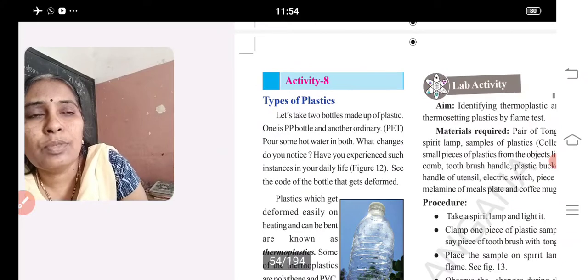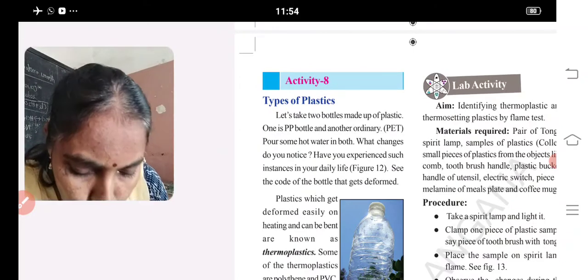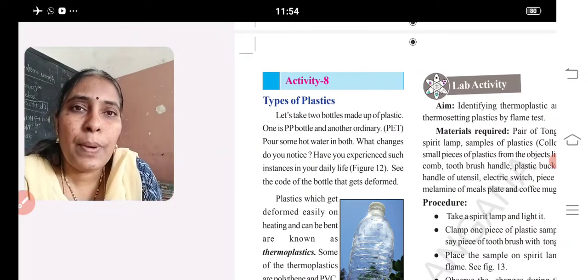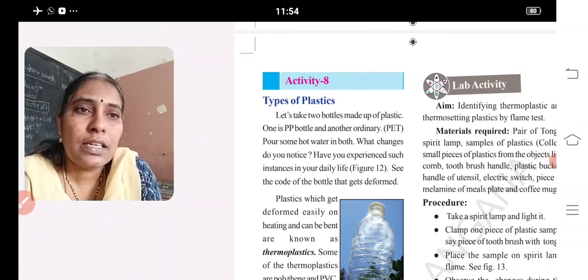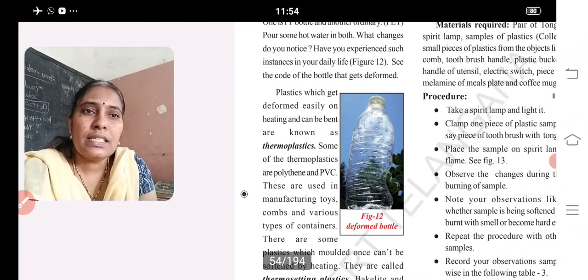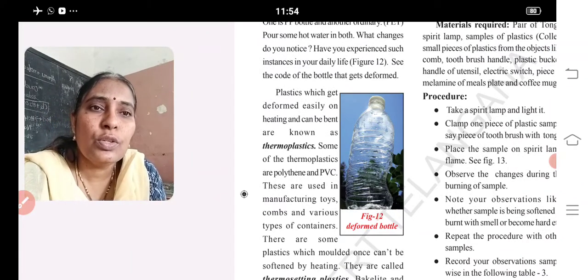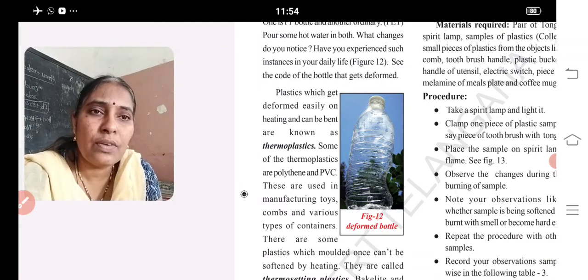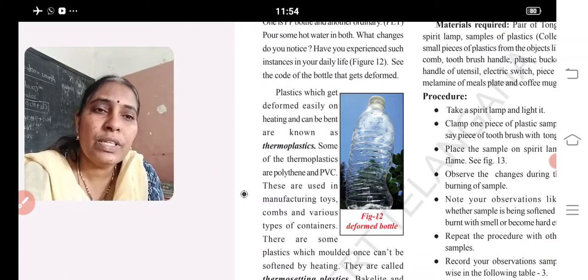And you know the types of plastics, two types of plastic: thermoplastic and thermosetting plastic. Thermoplastic can be made soft. Some of the plastics are polythene and PVC, they are used in manufacturing toys, foams and various types of containers. There are plastics which, once molded, cannot be softened by heating.